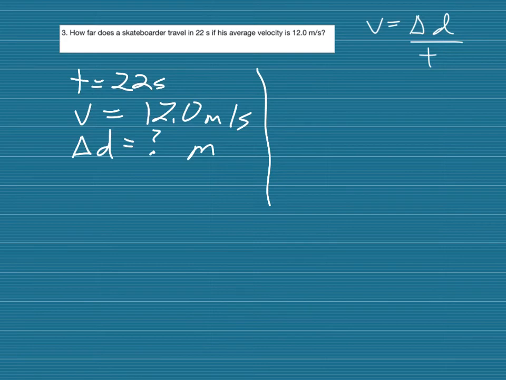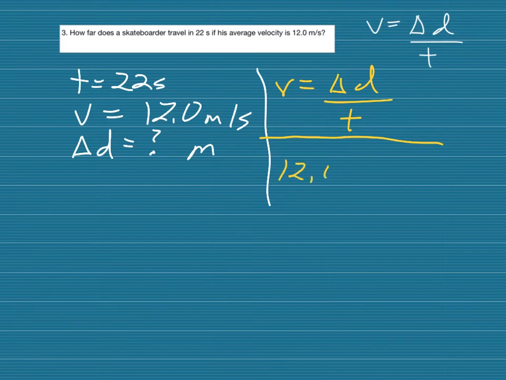So then I write my equation down, v equals delta d over t. I'm going to substitute and solve. In this case, I'll multiply both sides by 22.